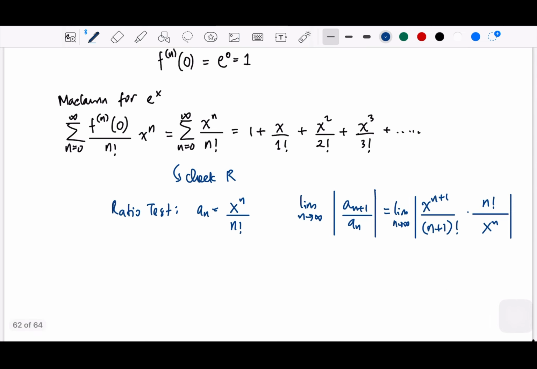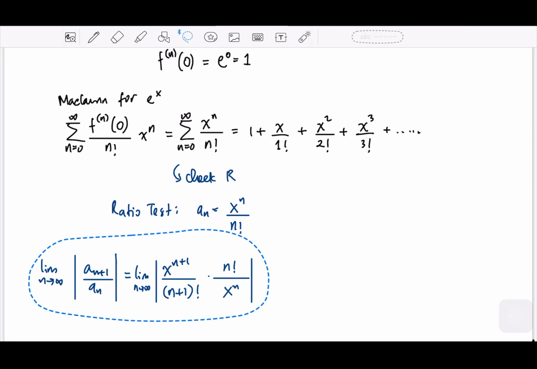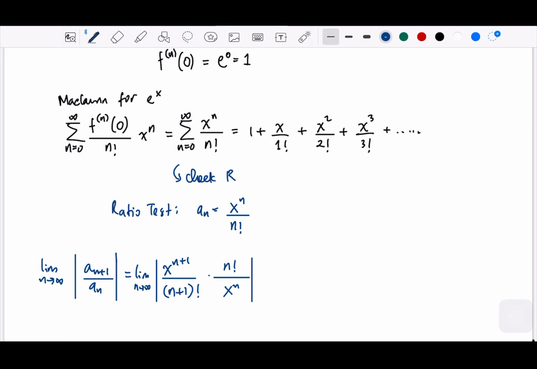And then by taking this, maybe let me write downside here to make it clear. So we can cancel x power n, so this will be x, and n factorial with this, so we have x times the limit.